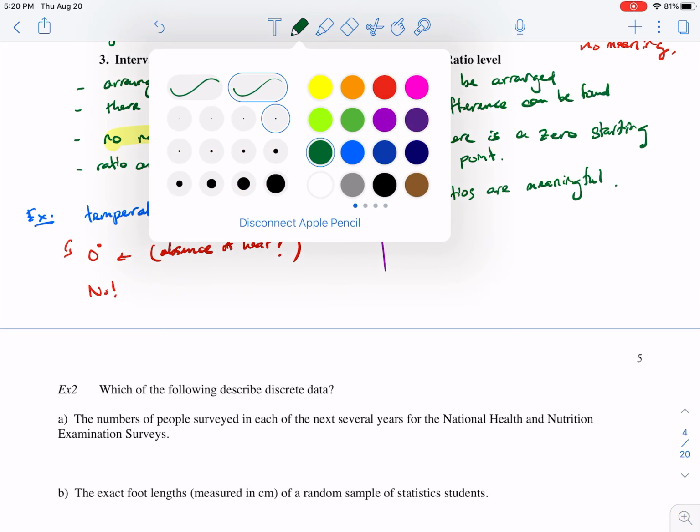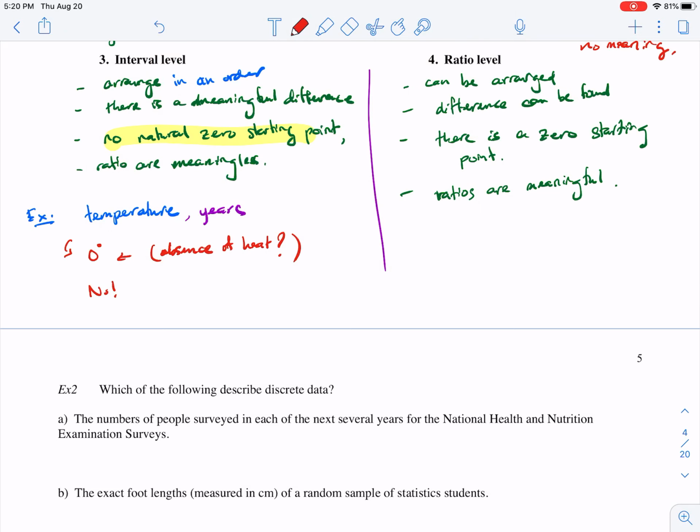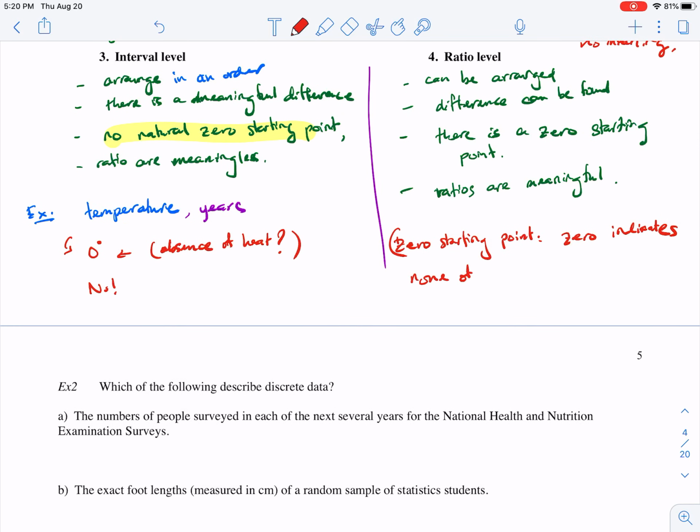So I'll just write here: zero starting point, meaning zero indicates none of the quantity present.